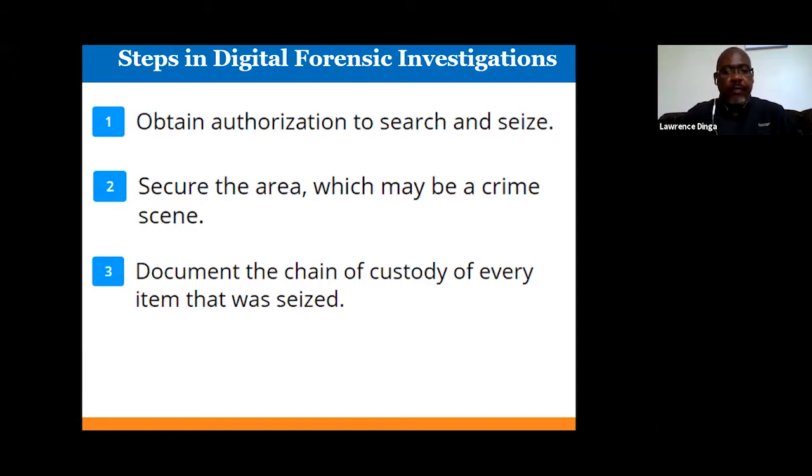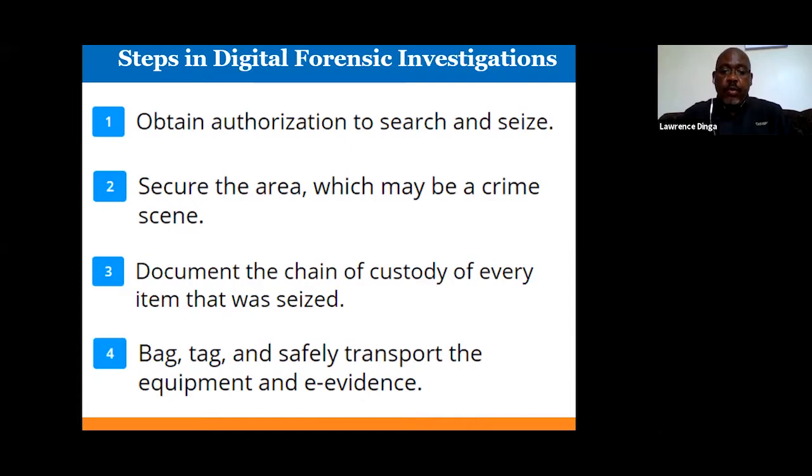If you don't maintain the chain of custody, remember, by the time you get into the scene, you need to document each and everything on the scene, just the same way as a physical crime scene. So you need to document the chain of custody.